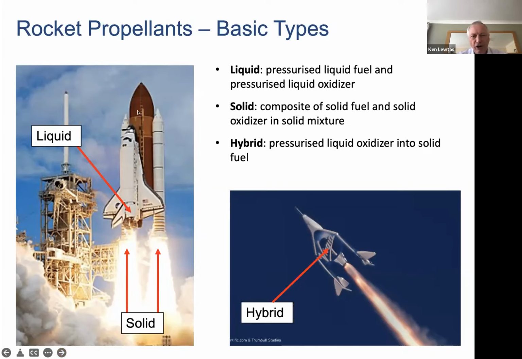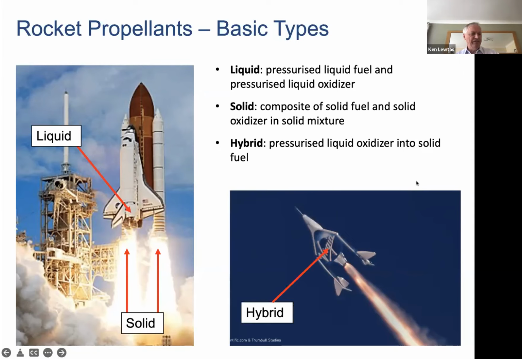The big orange vessel contains the liquids, and then the motor is here. But it also has solid rocket boosters, and you all remember those. These are jettisoned, and these are a composite of solid fuel and solid oxidizer in a solid mixture. And then there's the hybrid rocket, which uses pressurized liquid as an oxidizer into a solid fuel.